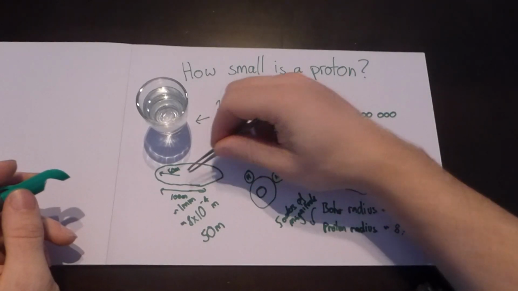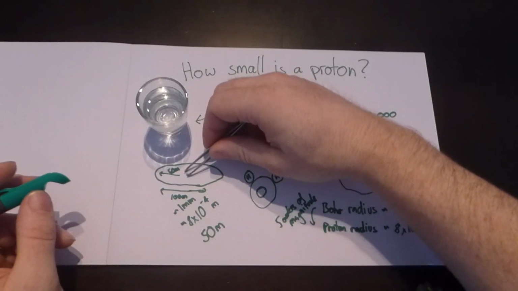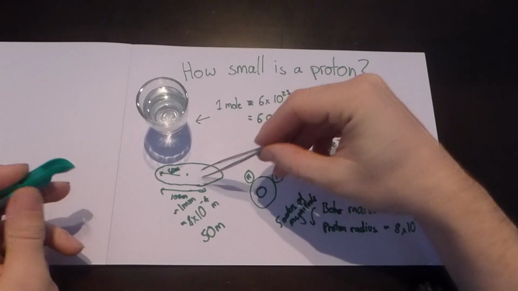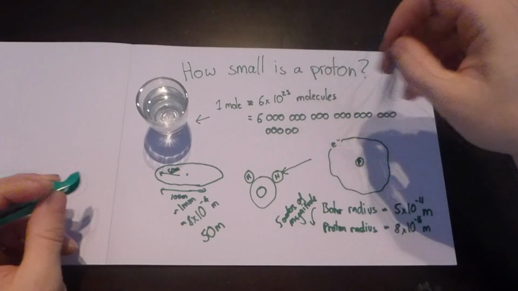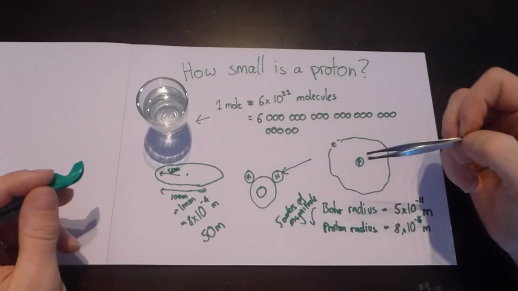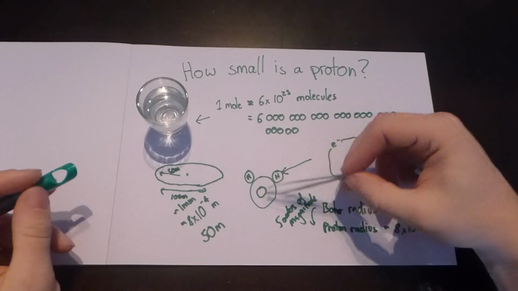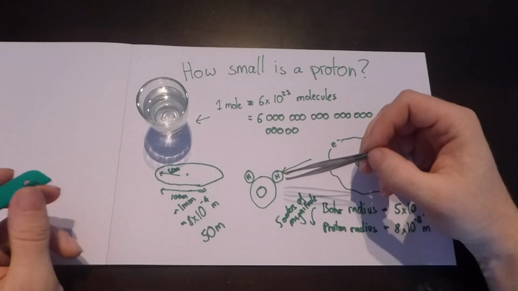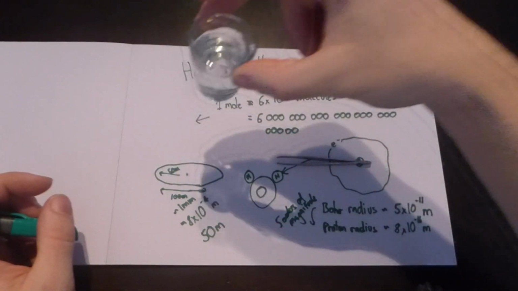It's 100,000 times smaller, like a speck in the middle of a stadium, and if you take those and you take 6 times 10 to the 23, this huge number, or multiplied by 2 of course, of these stadiums, and add in an oxygen atom, which is even bigger on this scale, then you have this glass of water. So isn't that incredible? This one tiny little glass of water has that many protons in it, and each of those protons is such a tiny, tiny proportion of the size of the atoms.